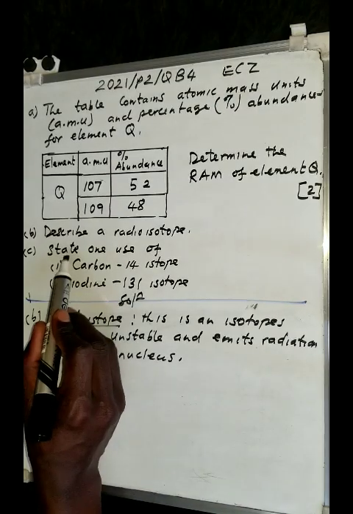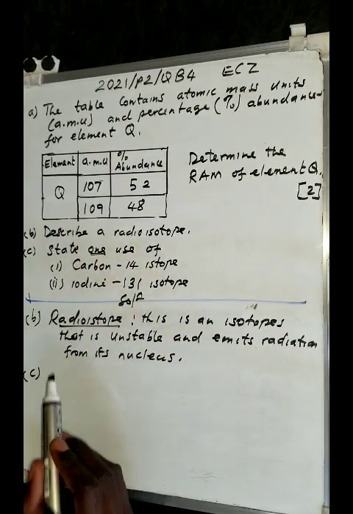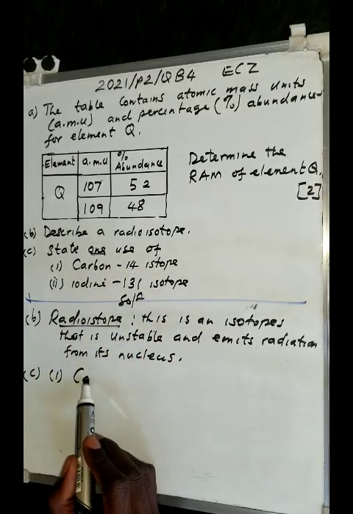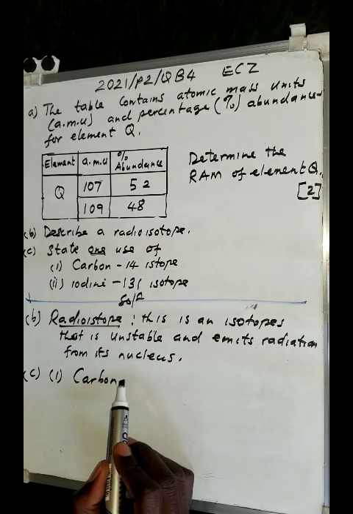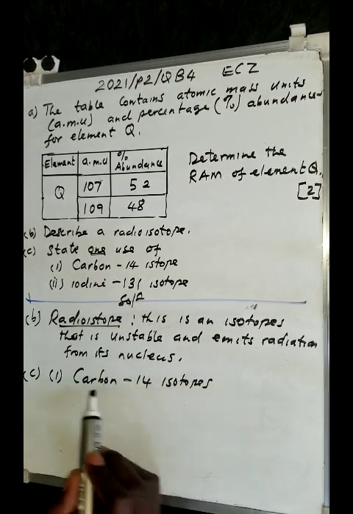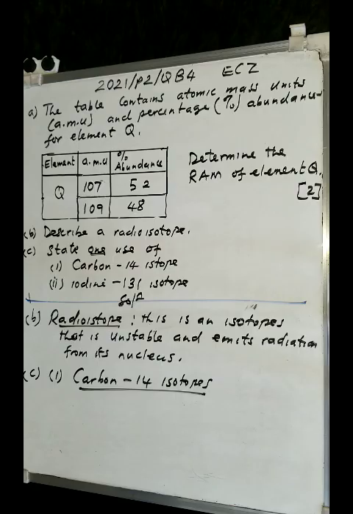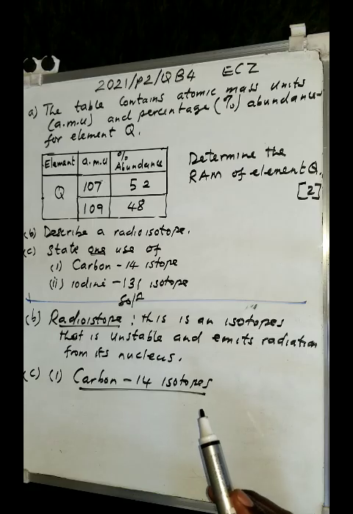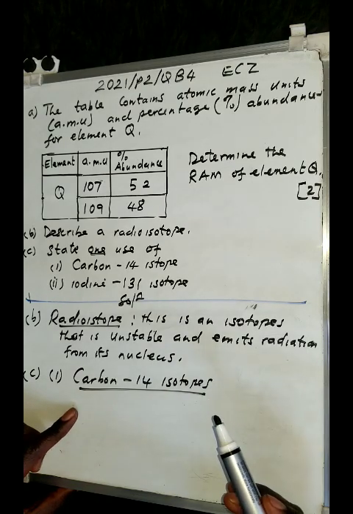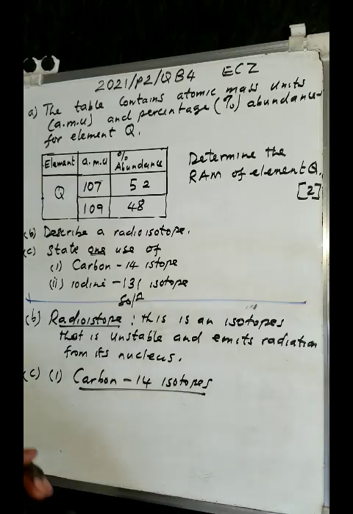Right, then C says state one use of the carbon-14 isotope. It's important that you get to know some of the uses of these isotopes. So what are some of the uses of carbon-14? Well, let me just give you a few concepts that you need to remember. Carbon-14 is a radioactive isotope, and it decays slowly.